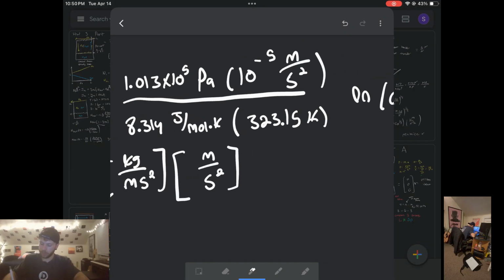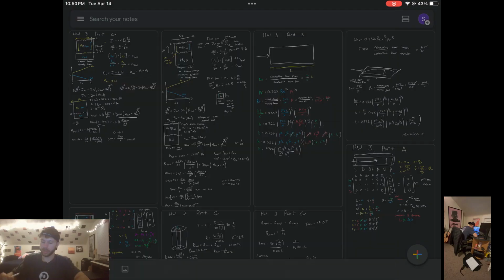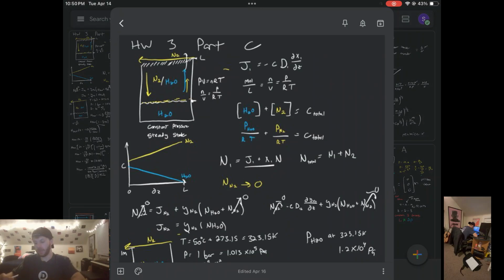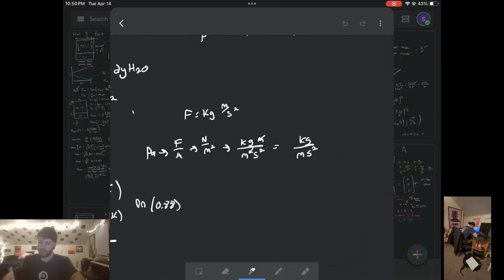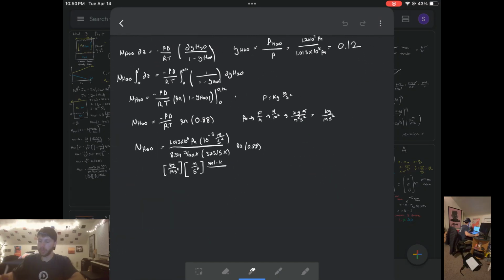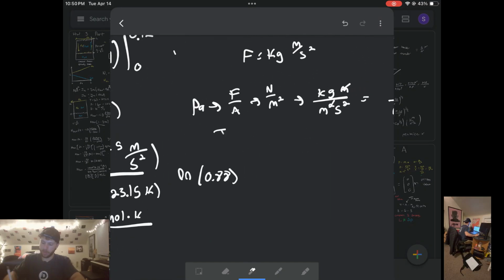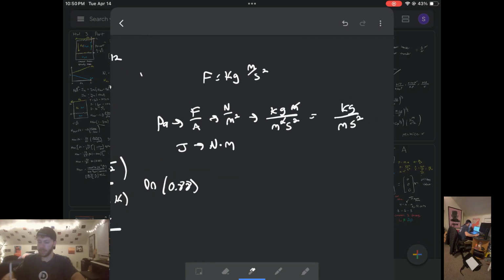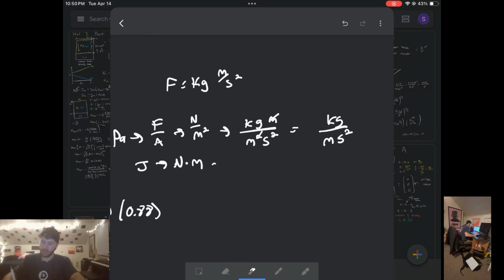Our gas constant will just be, in this case, we'll put mole Kelvin in the numerator and our joules, which we said joules will be in newton meters, and we know newtons as kilogram meter per second squared.